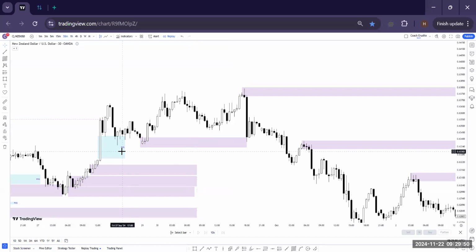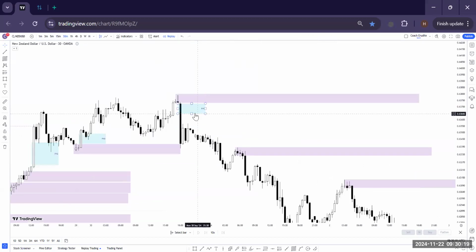So now, do we have other fair value gaps? Yes, we have another fair value gap here. There was a gap here. Price already tapped into the fair value gap.